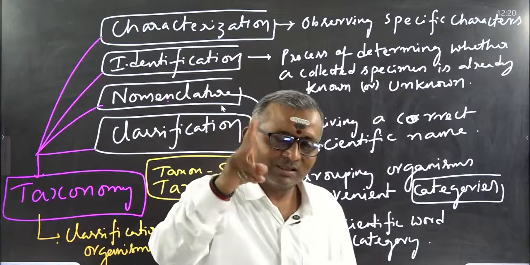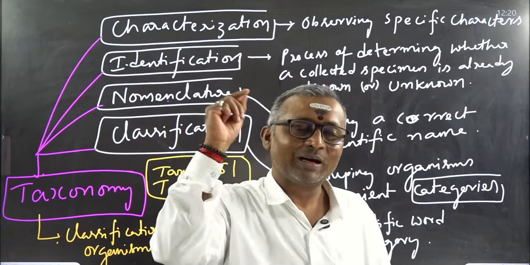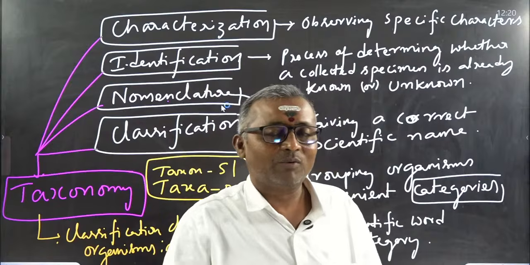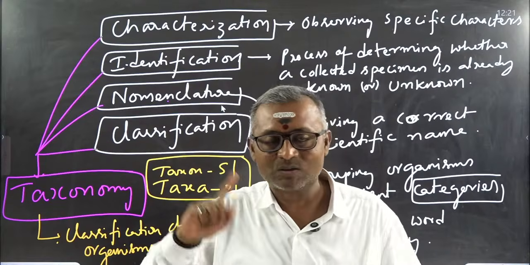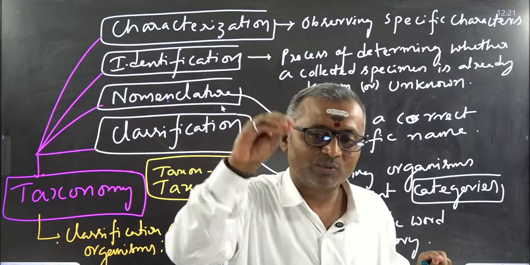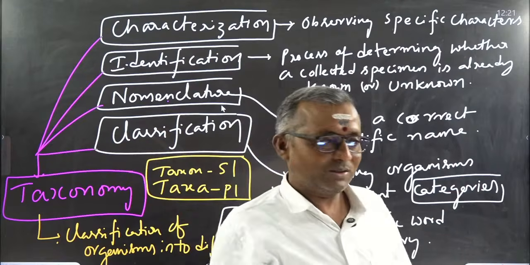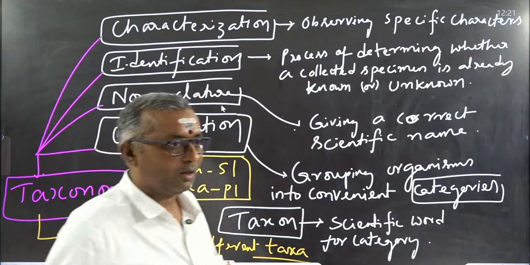Of course, there is a minor difference between taxon and category, which you can understand later once you come to the offline classes. I will give you much more detail about taxon and category. Here I am just making you familiar with the terminology. So this is about taxonomy. Are you clear now?